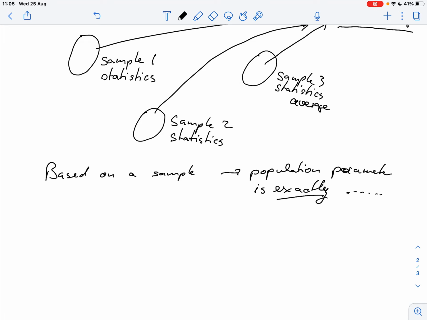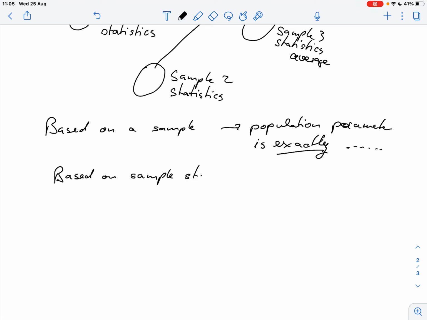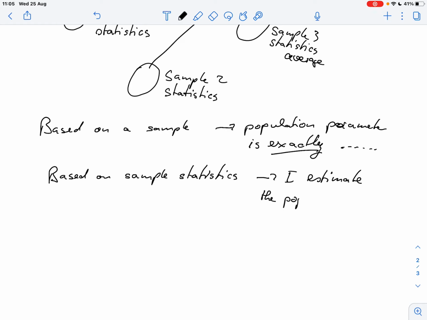But what I can say is, based on my samples, based on the sample statistics, I estimate the population parameter to be within a certain range.